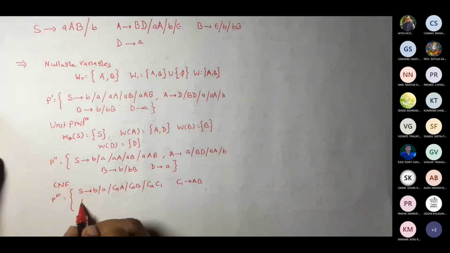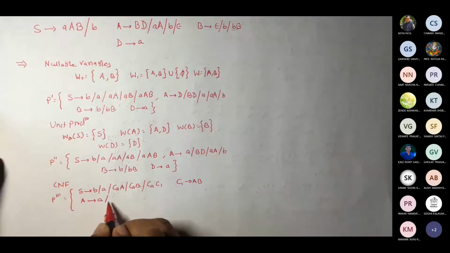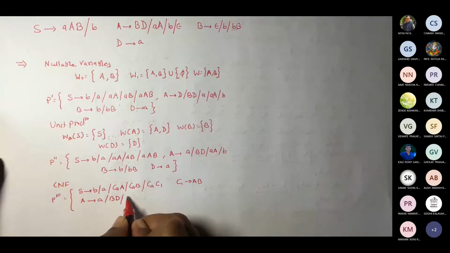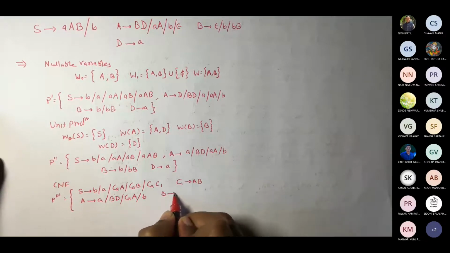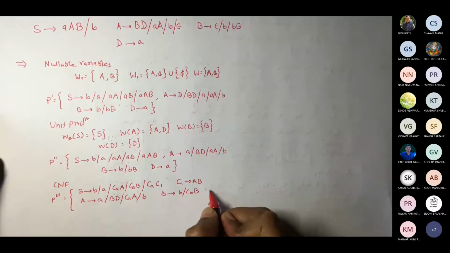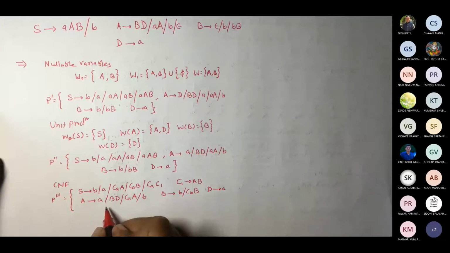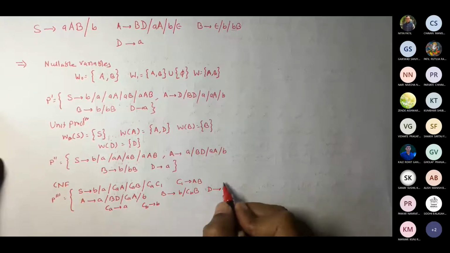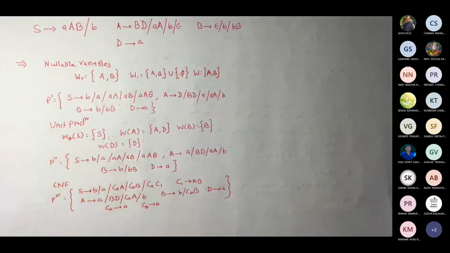Correct? Okay. A, PD, CAA, B. B gives B, CBB, D gives A, CA gives A, CB gives B. Fine.